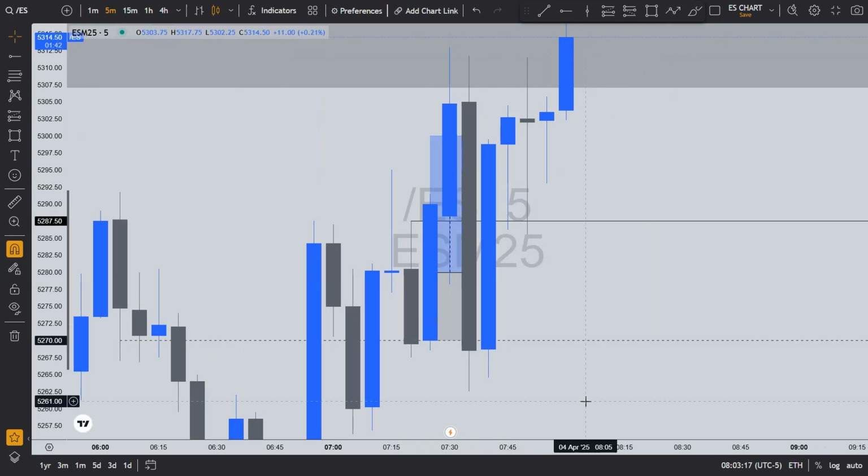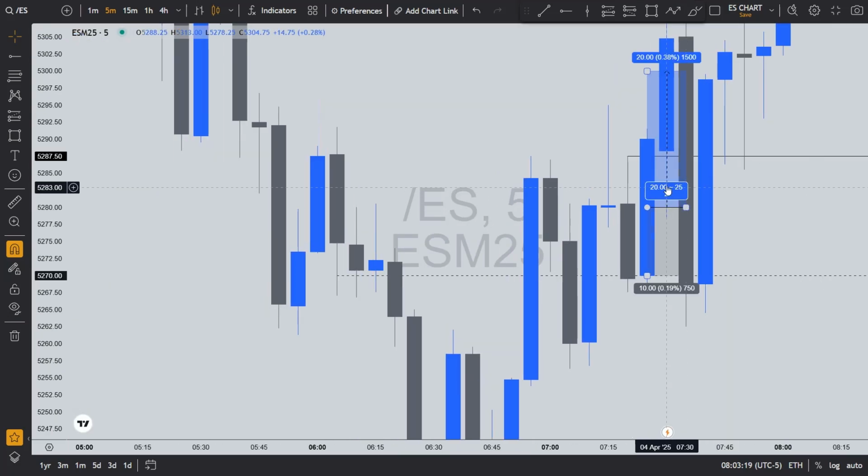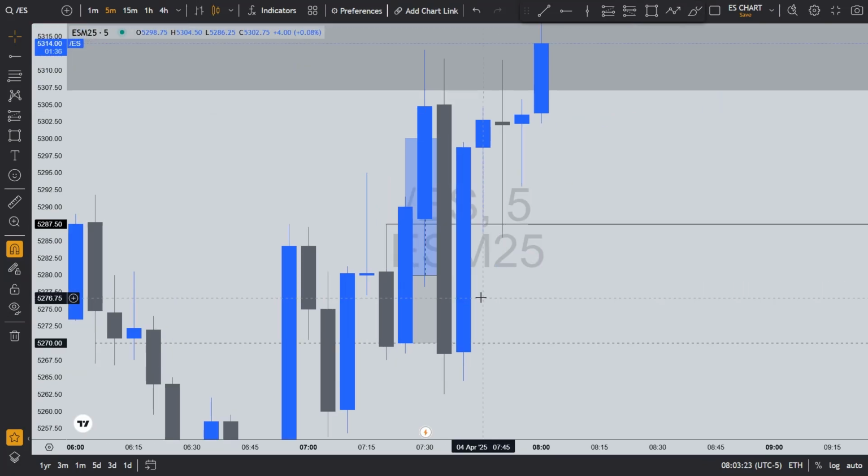But then you've also got to look at that this 7:30 candle was NFP. So let me go to Forex Factory on my phone to double check 7:30. Non-farm employment change. So yeah, 7:30 was NFP.